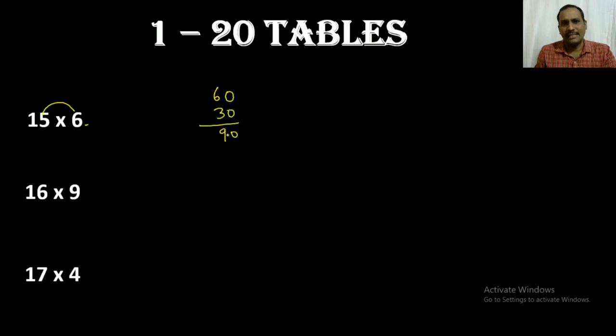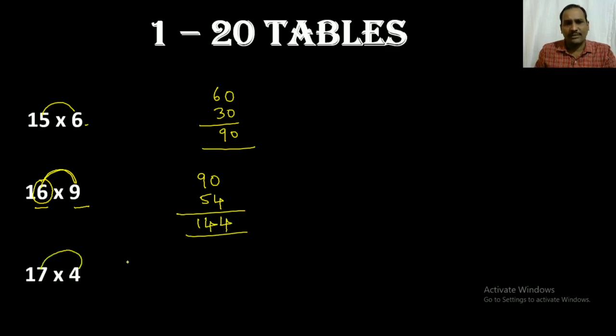That is 90. 16 into 9. Write 9 as 90. Take the units digit, that is 6. 6 into 9, that is 54. So 90 plus 54, that is 144.